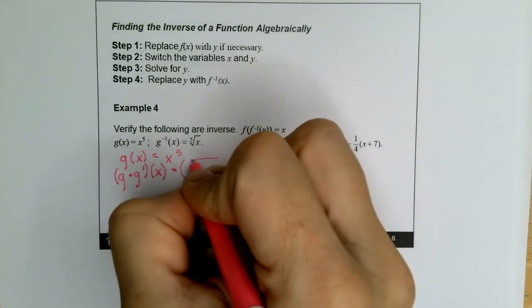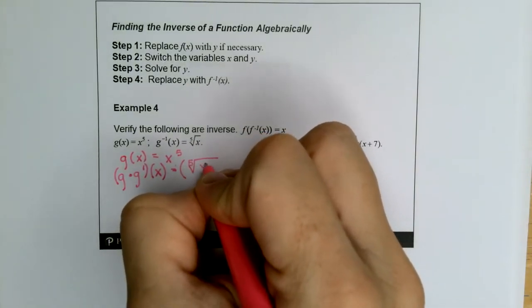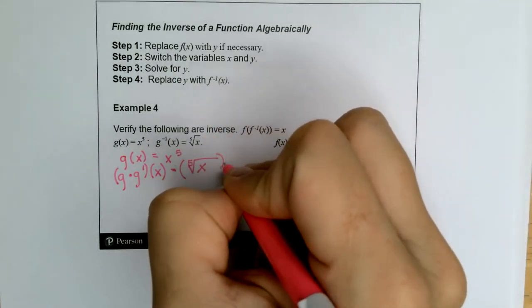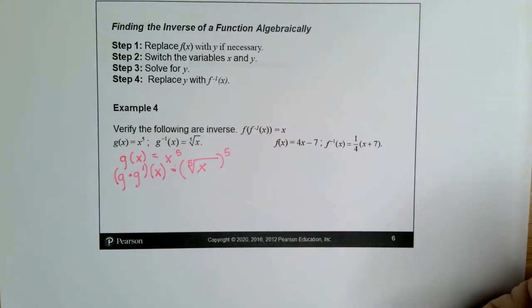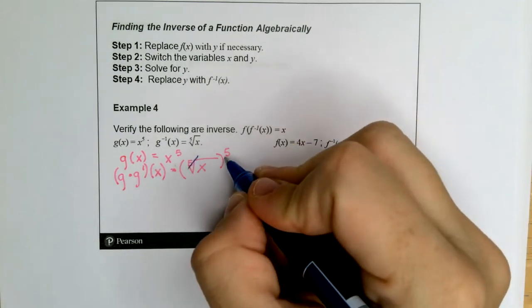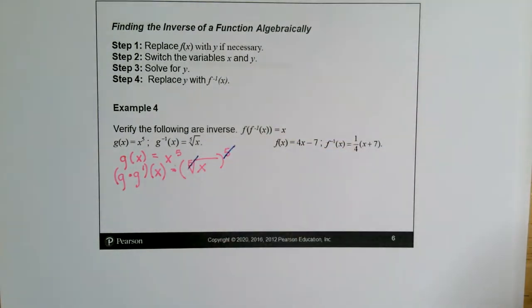So I get the 5th root of x raised to the 5th power, right? The 5th root cancels out the power of 5.